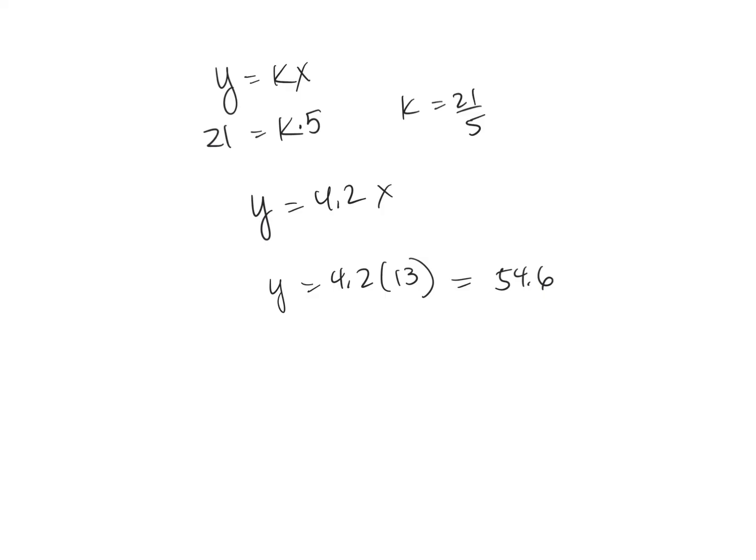Let's take another look at a story problem, like number 19. The force F in pounds needed on a wrench handle to loosen a certain bolt varies inversely. That means y equals k over x with the length in inches of the handle. All right. So the force equals some k over the length of the handle.